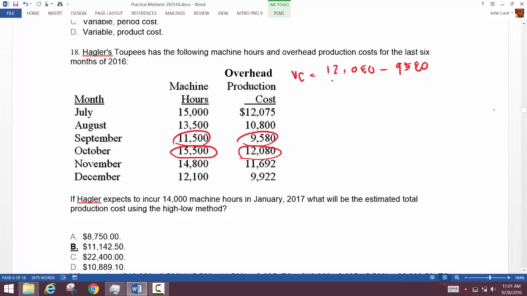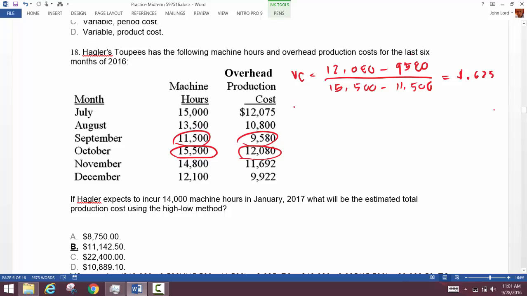Now we've got our costs, our y's, in the numerator, and we put our x's in the denominator, which is the machine hours in this case, 15,500 minus 11,500. Nice. So we get a variable cost per unit of how much there? 0.625. Okay, great. Thank you, sir.